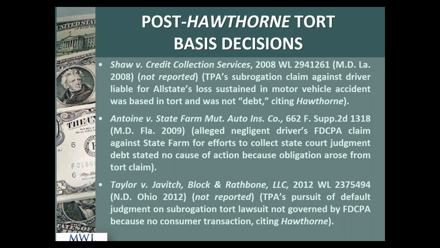And again, they cited Hawthorne. You also had Antone versus State Farm, an alleged negligent driver's FDCPA claim against State Farm for efforts to collect a state court judgment debt, which stated no cause of action because, again, the action arose from a tort claim. I think you guys kind of know where I'm going with this one.